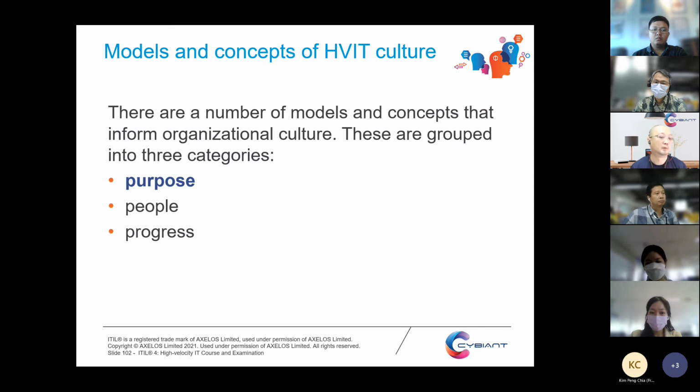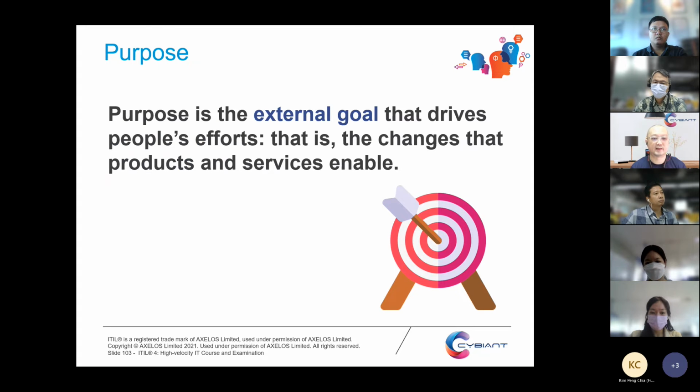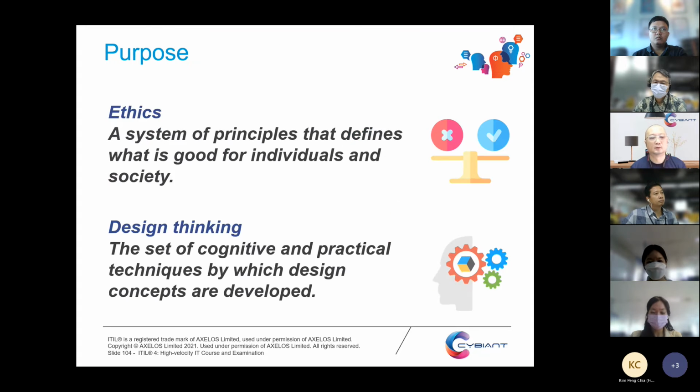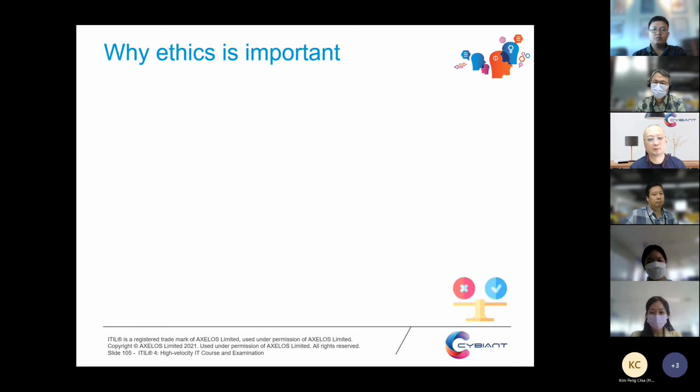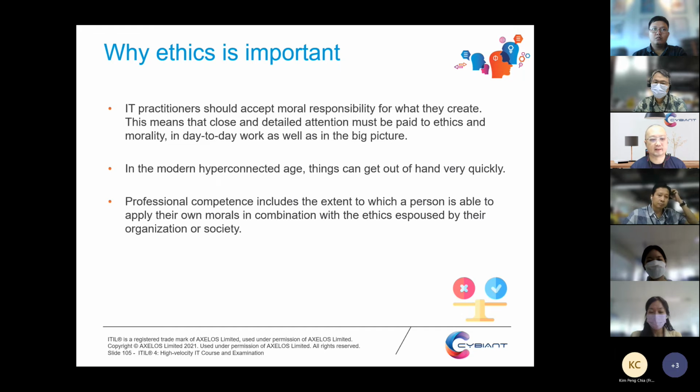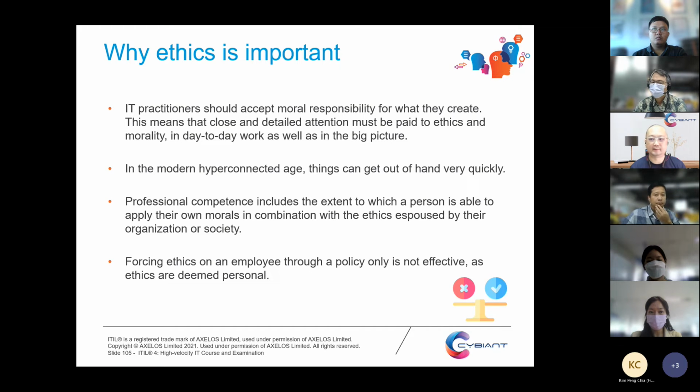Okay, cool. Then it goes back to explain what is the purpose, what is the people and progress. Again, there is a definition, and it explains why it is important. I think I mentioned that you should have a code of business ethics in the organization. If not, HR perhaps should have one.